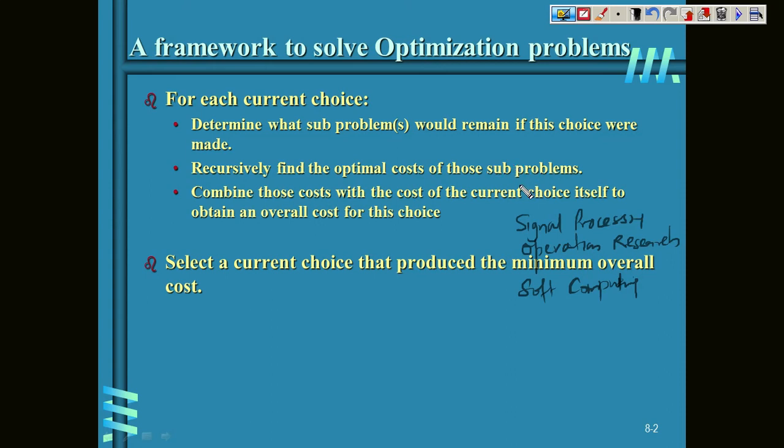So it is not a greedy approach where we only consider the local scenario, but here we have to look at the global scenario. We have to look into the overall impact of choosing the solution for any subproblem. So definitely we must use some heuristics here, combining those costs with the cost of the current choice itself to obtain an overall cost for this choice.